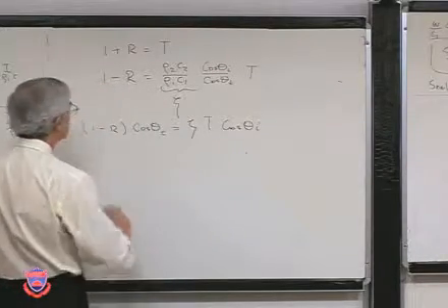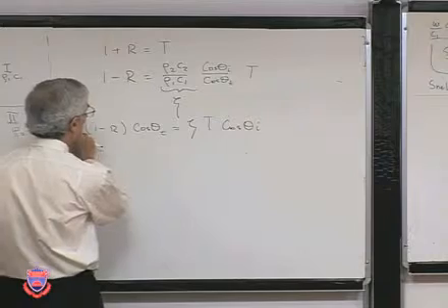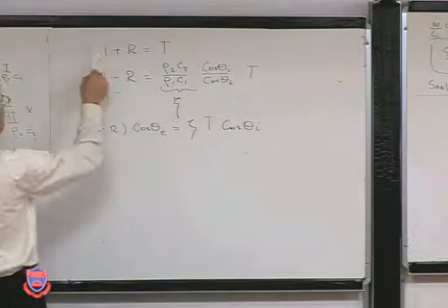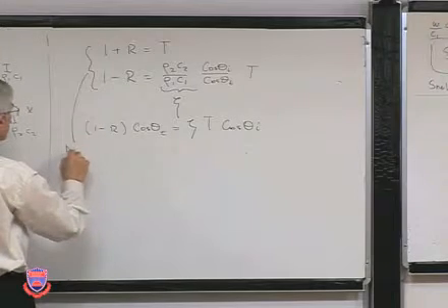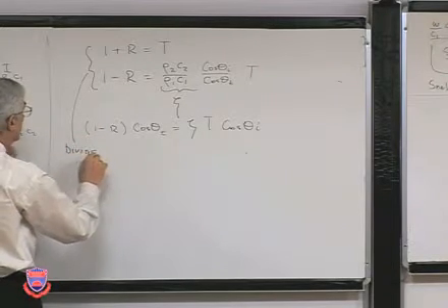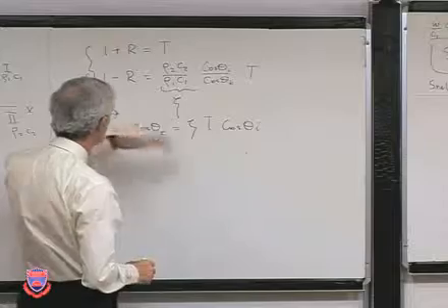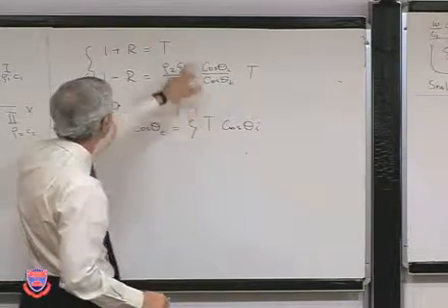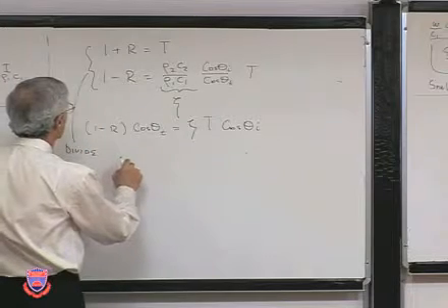Actually, before I do that, this is fine, but what I want to do is just divide these, so that we can get rid of the t expression here.